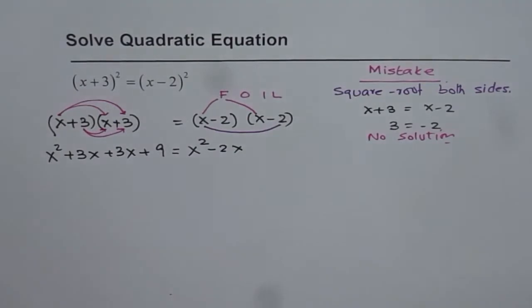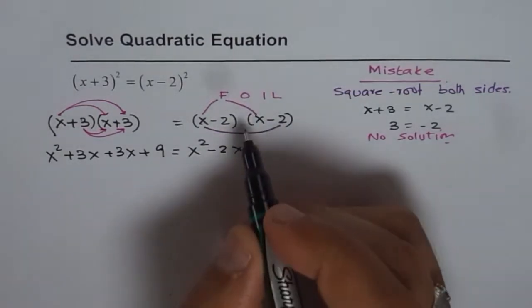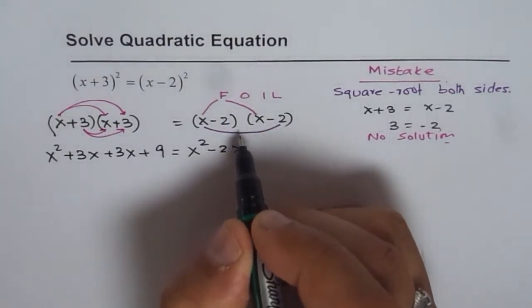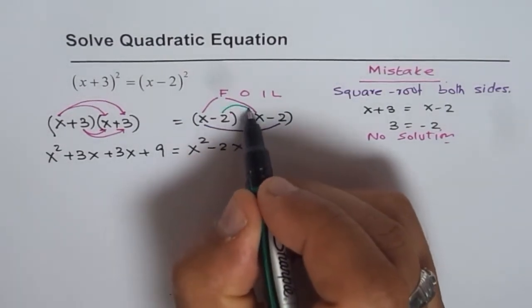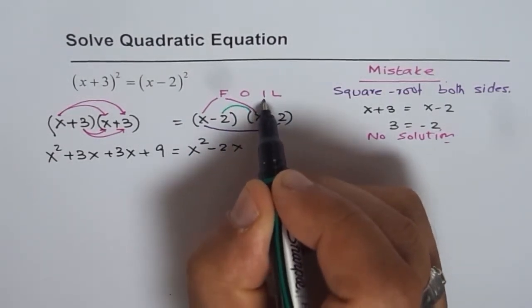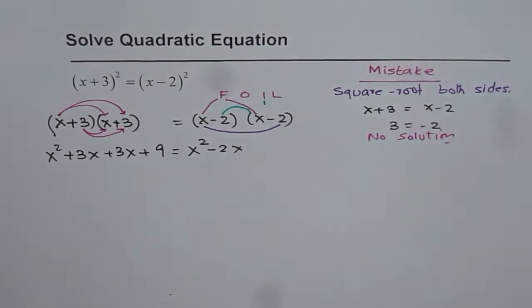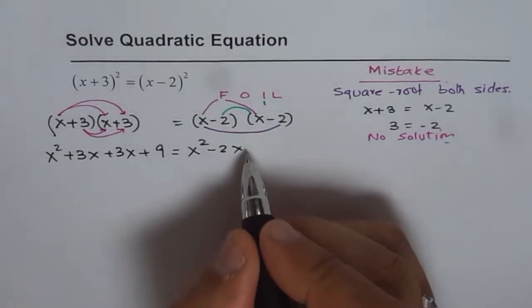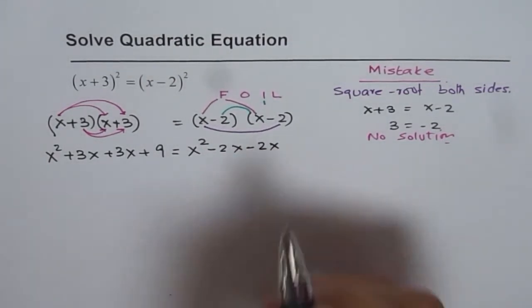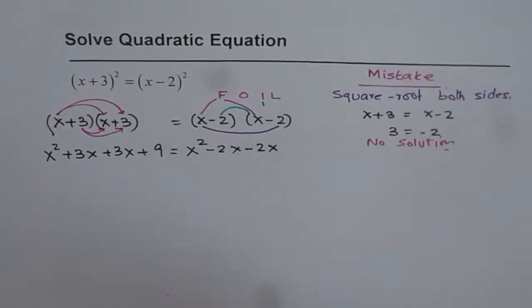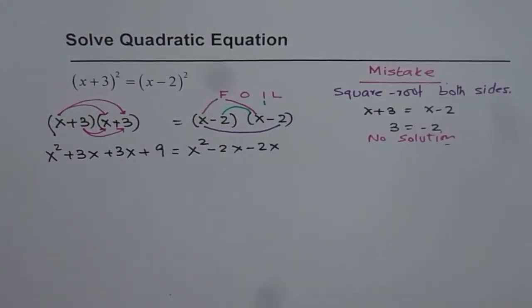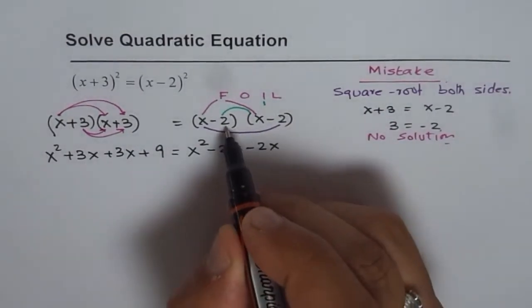And then the inside terms, which is minus 2 times x giving us minus 2x, and then the last terms. The last terms in this case are minus 2 and minus 2.